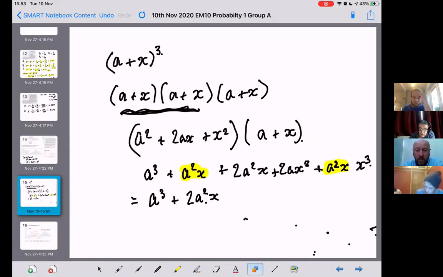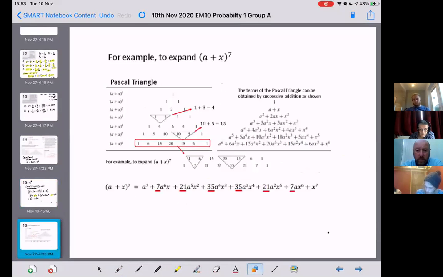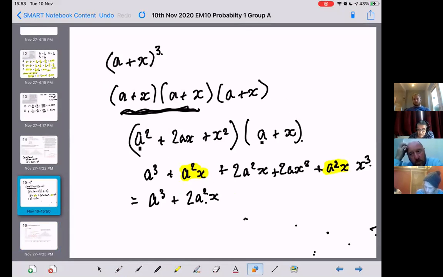A cubed is right, isn't it? Because that's this one times this one. And then we've got a squared times x is a squared x. So that's done the a squared on the end here. Then we've got 2ax times a is 2a squared x, and 2ax squared.